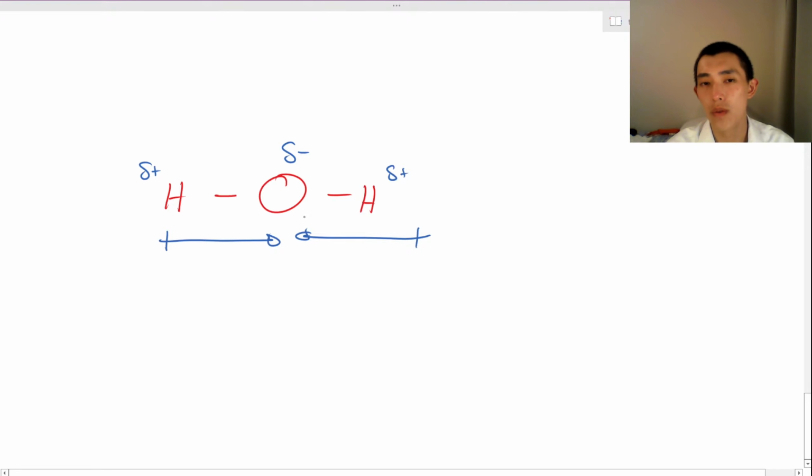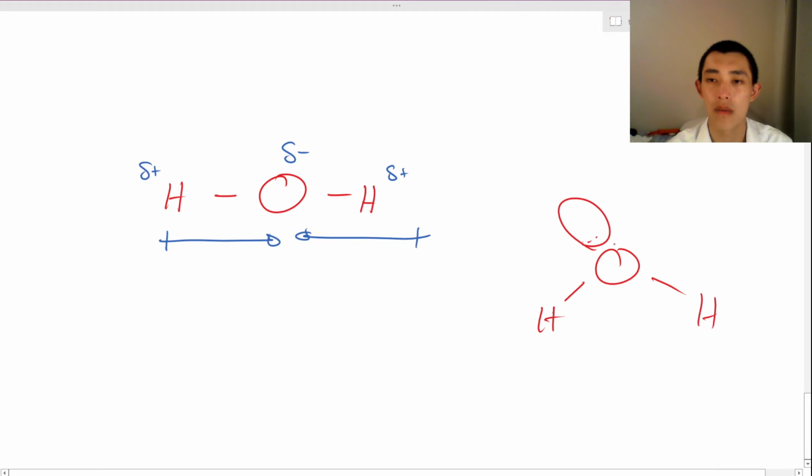This will be true. However, we need to think about the actual geometry of water. If you recall VSEPR, water doesn't actually look like this. Water has a bent shape because of the two lone pairs that it has here, right? And what that means is that actually what our dipoles look like is that they'll be looking like this.